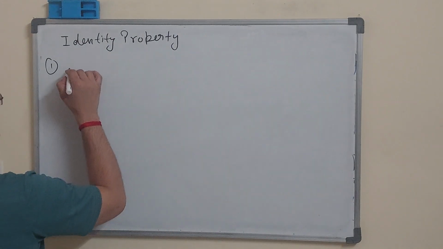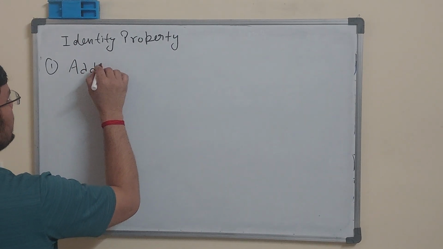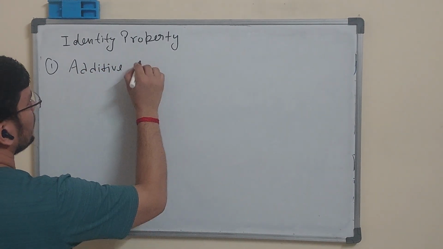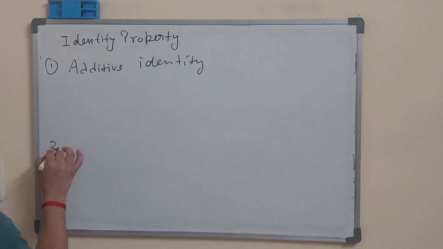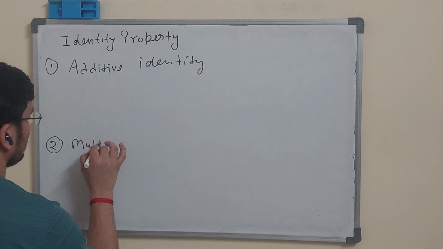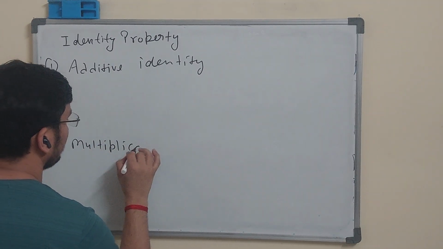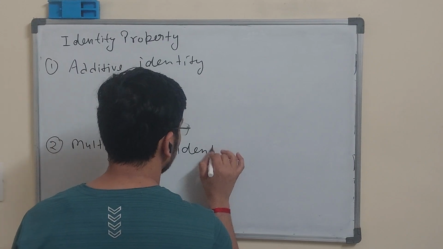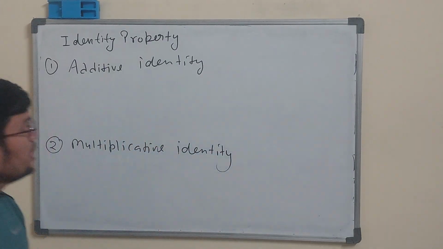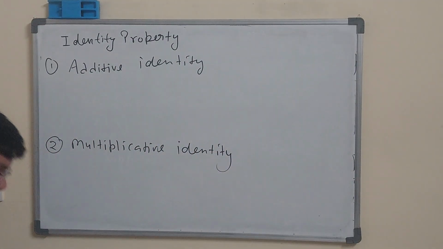So first property is additive identity. Second property is multiplicative identity. Okay, what does additive identity say?